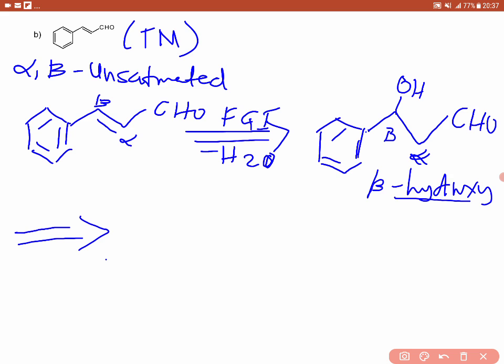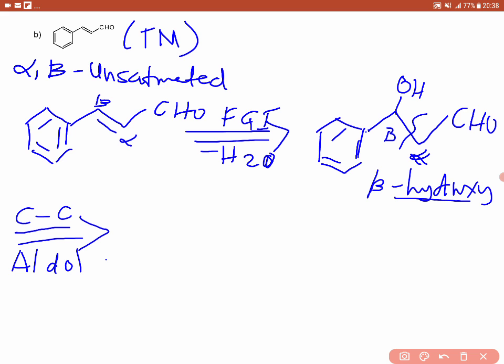Further retrosynthetic analysis shows that we can disconnect that CC bond, which can be made by aldol reaction. Aldol reaction will be able to give us that bond, because when we do our disconnection, we must do it with known and reliable reactions in mind.